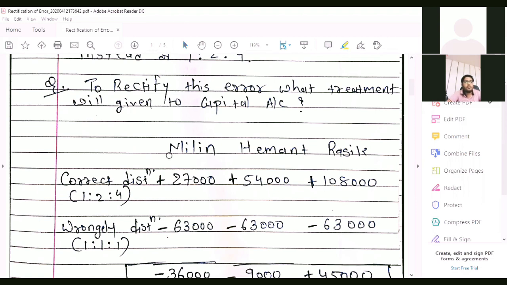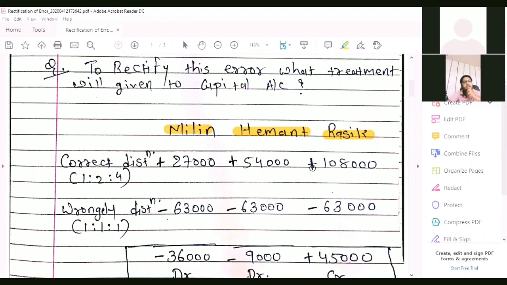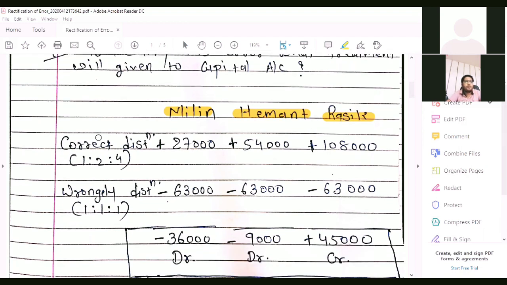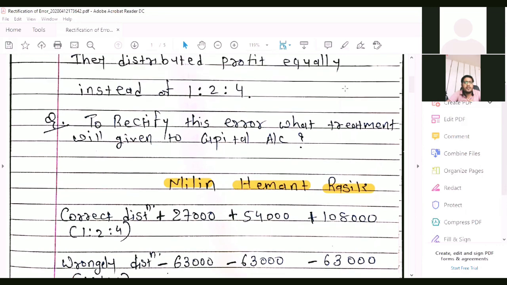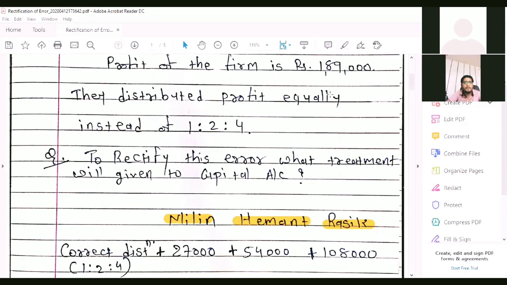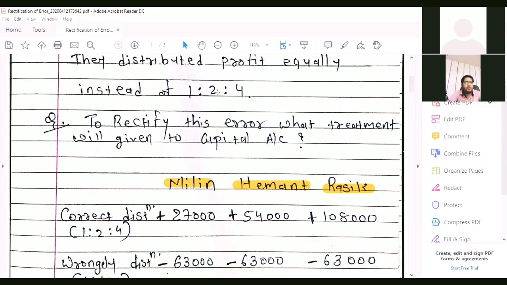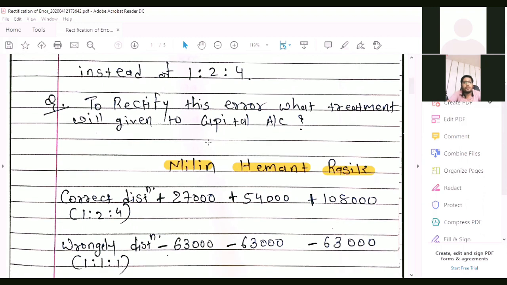So we have three partners: Milin, Hemant, and Rasik. Now, if we see the correct distribution, first we'll write the correct distribution. So the correct distribution is of this 1,89,000 in the ratio of 1:2:4, which is the correct ratio.